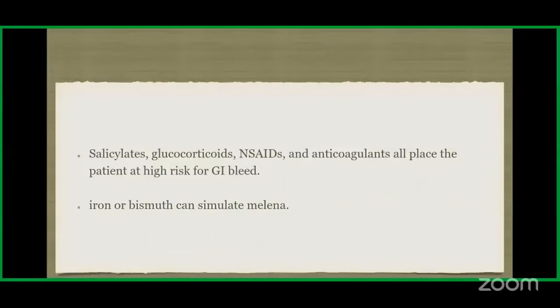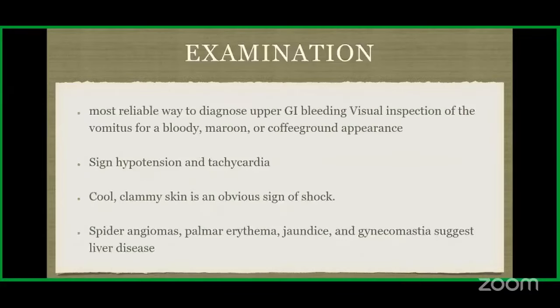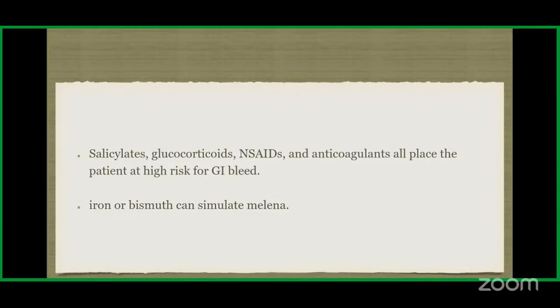Patients at high risk of GI bleed are those on anticoagulants, salicylates, and NSAIDs. Dark colored stool is not always blood. Patients who are on iron or bismuth supplements can present with melena-like dark stools. That has to be ruled out first before jumping to the conclusion of a GI bleed.